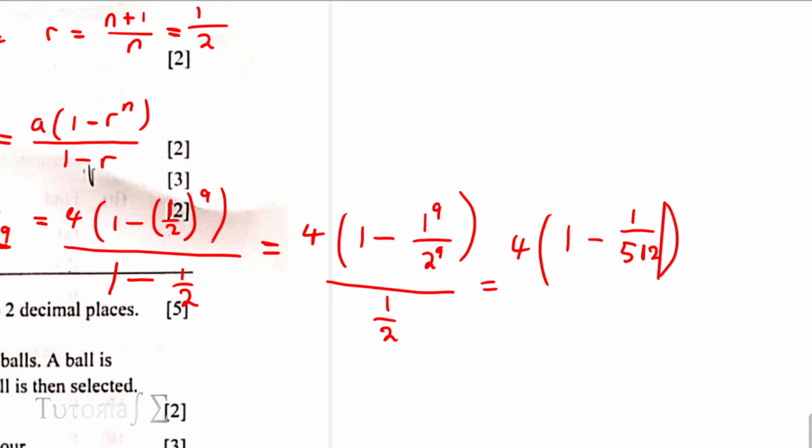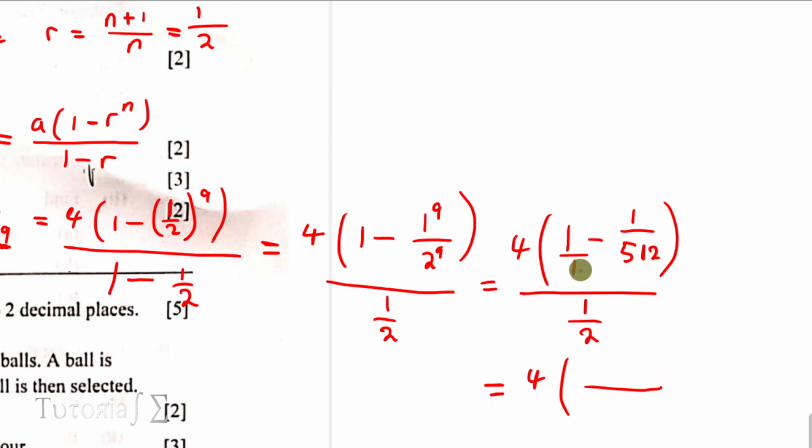So we can put 512 here. Then 512 divided by 1 over 2. Since we have the 4 outside, we can find the common denominator, which is 512.